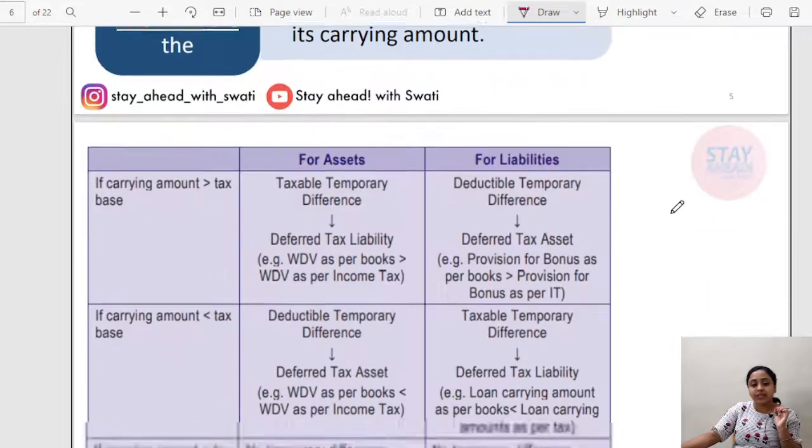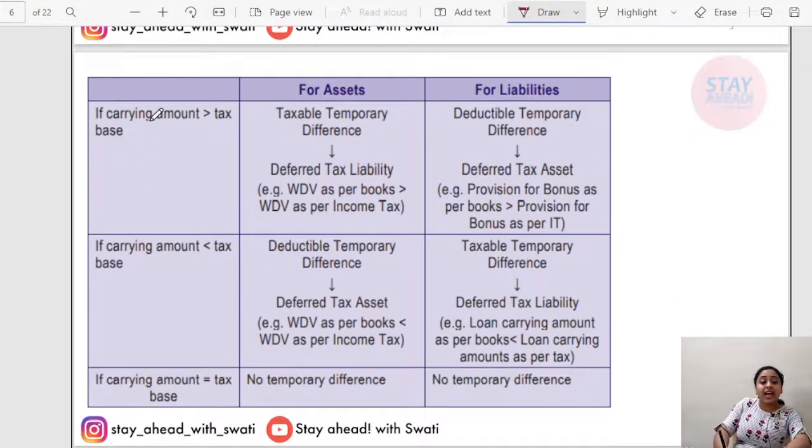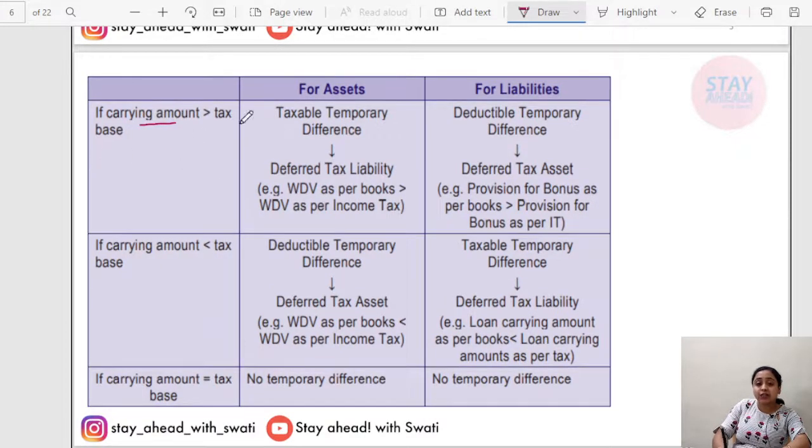Okay, see, if the carrying amount is greater than the tax base, then you have to see whether it is favorable or not. If you are talking about an asset, then you will consider it as a taxable temporary difference, and therefore you will record a liability. Taxable means liability, deductible means asset.